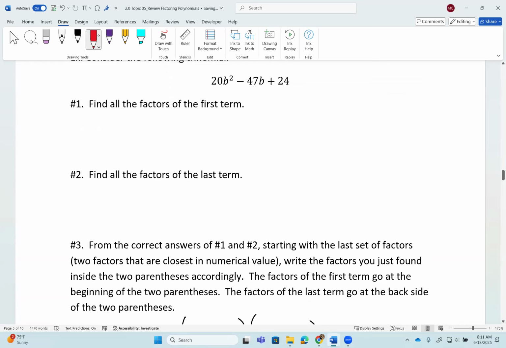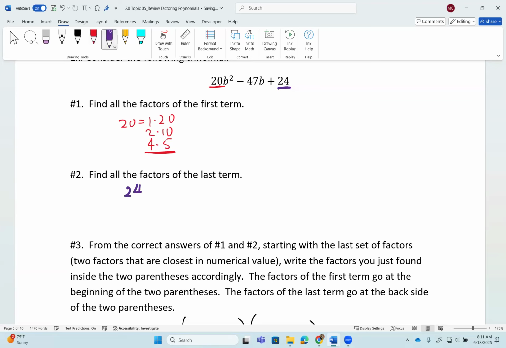All right, find all the factors of the first term and all the factors of the second term. So that's number 1 and 2. 20: what times what is 20? Well, 1 times 20 is 20. 2 goes into 20 10 times. 3 cannot go into 20. 4 goes into 20 5 times. After 4, I try 5, but I already wrote it down, so that should be the end of it.